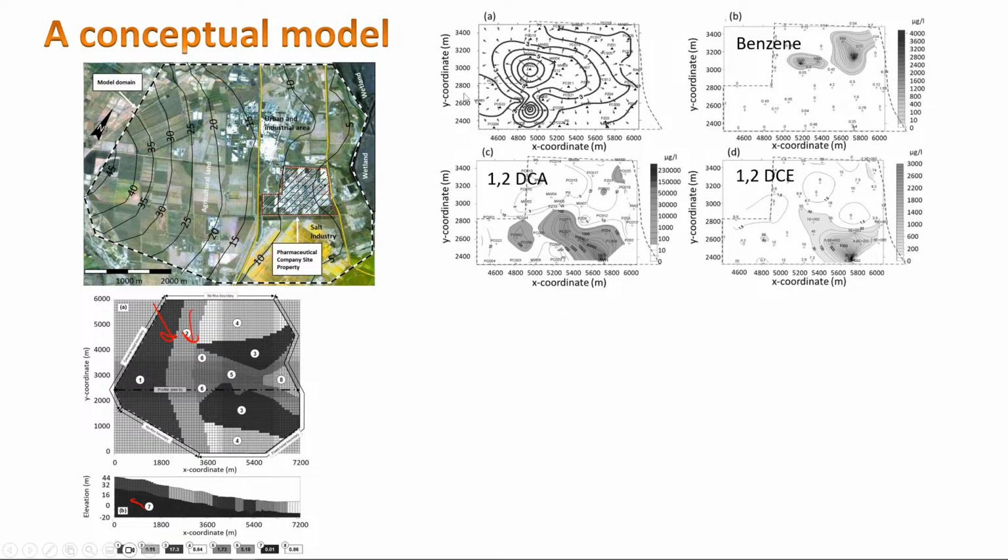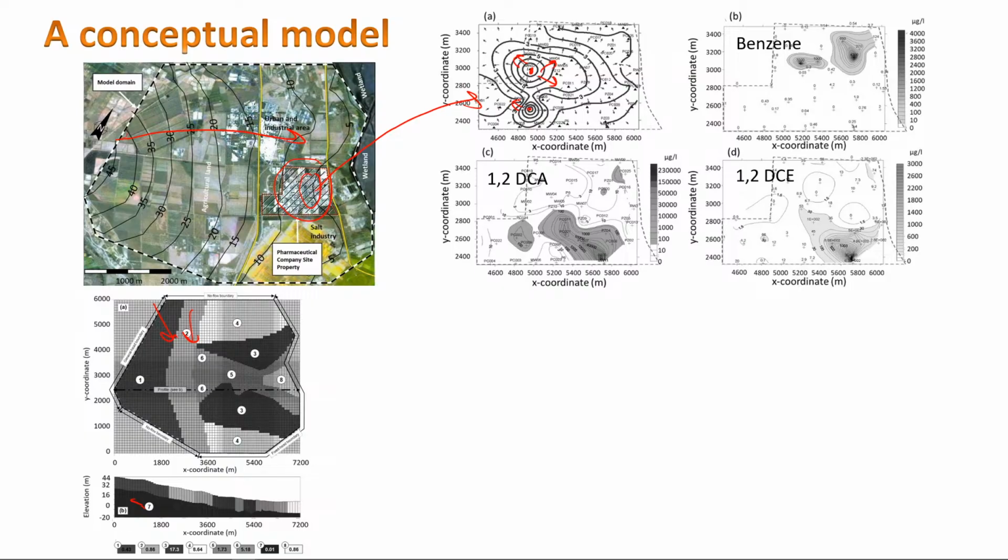Here is a very interesting problem, because this is my general flow condition, but inside the site, at a certain part of the site, I'm just zooming in on one part here. You see, if I plotted the head here, just zoomed in, it will have these local anomalies, local changing gradients. You see very high head here and very low head here, which means that I have a source here.